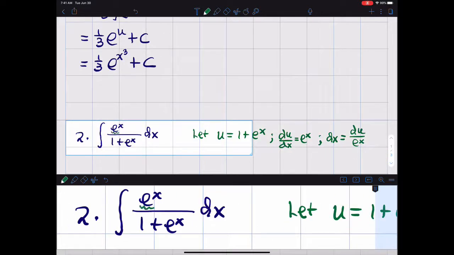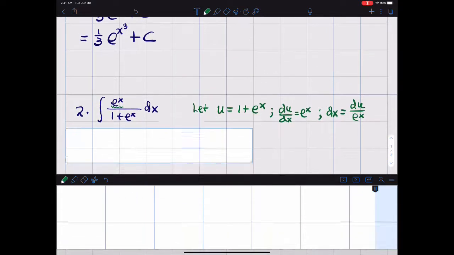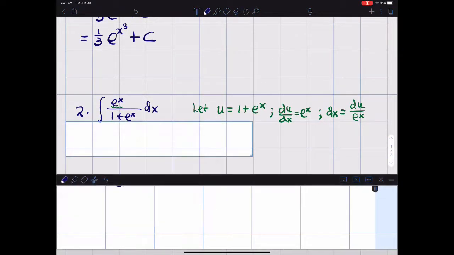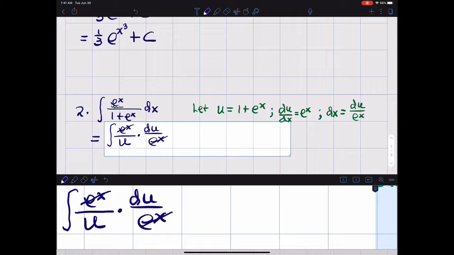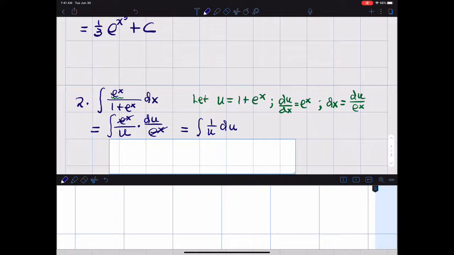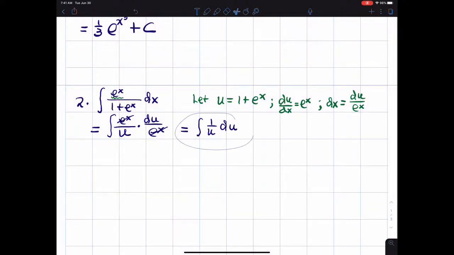And we have an e to the x sitting right here that we can cancel out with. So we rewrite everything in terms of u. So we have e to the x over u, times du over e to the x. They're going to cancel out. And then we are left with the integral of 1 over u du, which I like to write on one straight line like this.